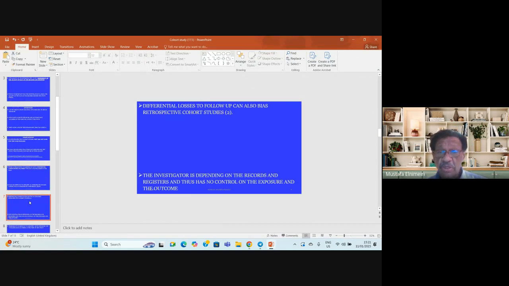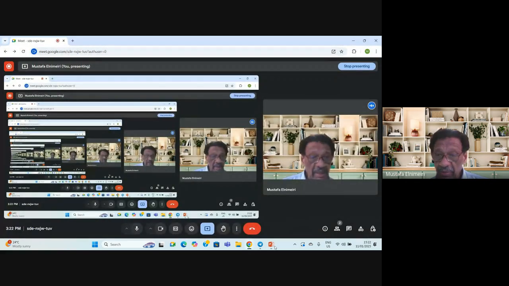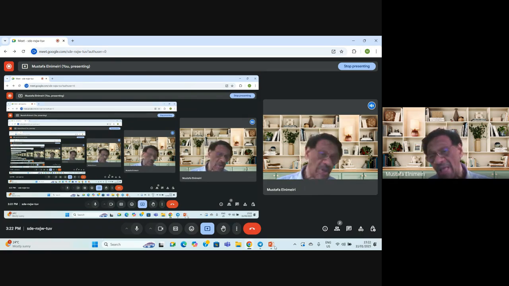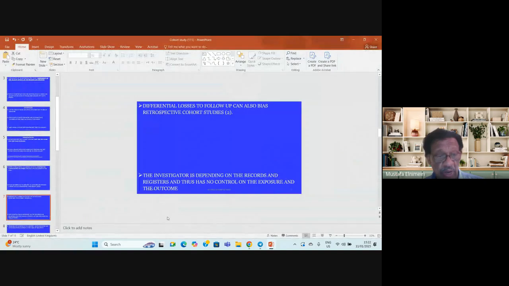Differential losses to follow up can also bias retrospective cohort studies, and the investigator is dependent on the records and registers, having no control on the exposure and the outcome, as we depend mainly on the data that we obtain from the records, and we as investigators do not have any sort of control over the data.